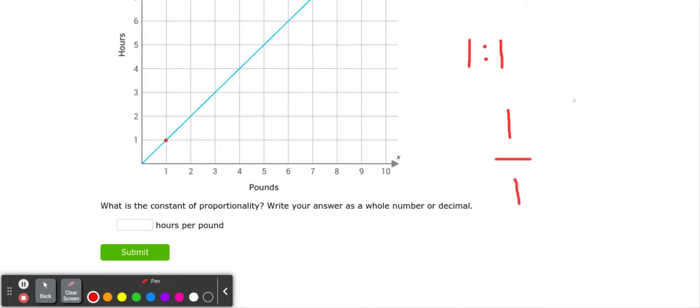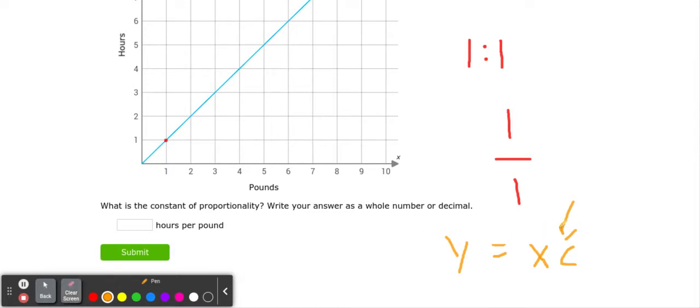What we're trying to find here as the constant of proportionality is using this equation: Y equals X times C, or you don't have to put the times symbol, you can just put C. This shows that this is multiplying.